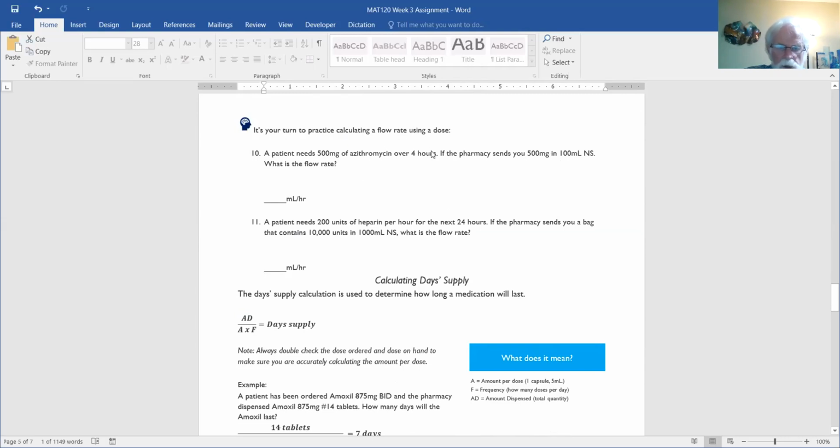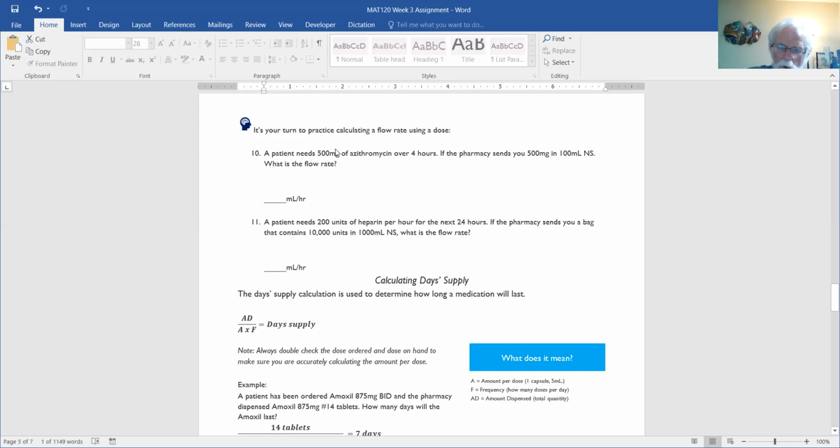Again, we don't care that this has 500 milligrams of azithromycin, because the entire dose is going in over time. So the only thing we care about is the number of hours and the number of milliliters. So the flow rate is going to be 100 milliliters divided by 4 hours.